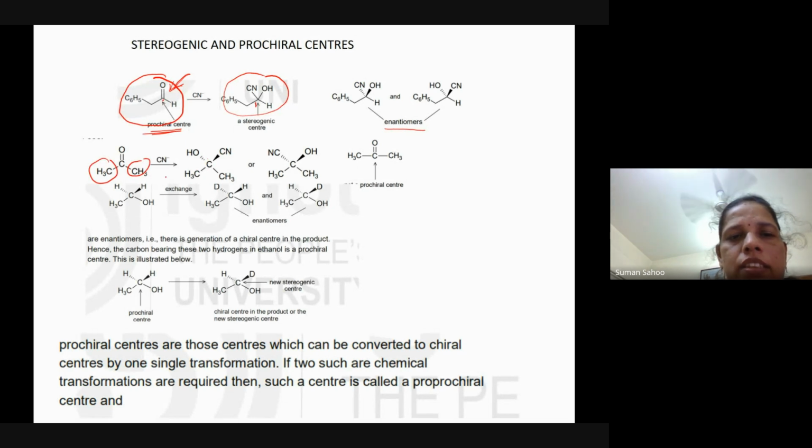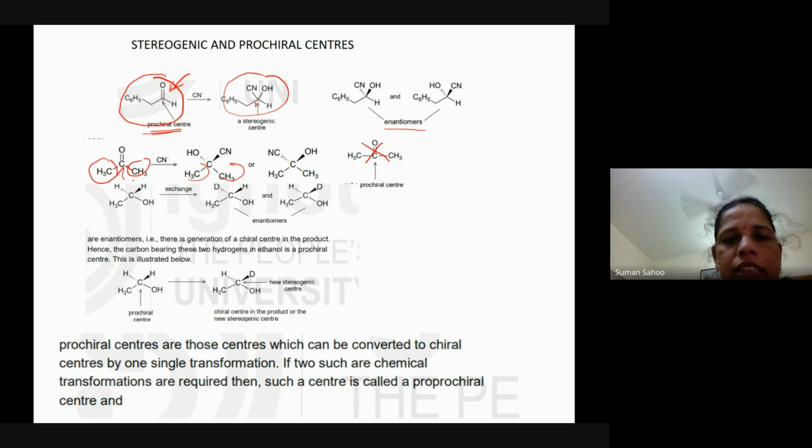The cyanide is attacking from this side, so their relativity is opposite to each other, but still they are not chiral. So this is not a prochiral center.